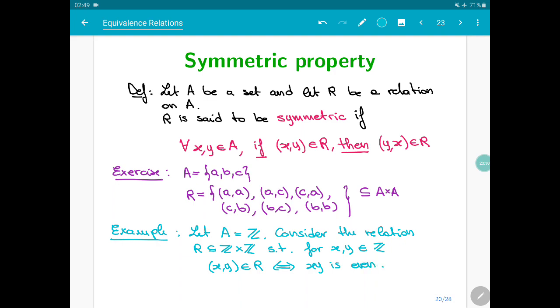So the question is: is this a symmetric relation?